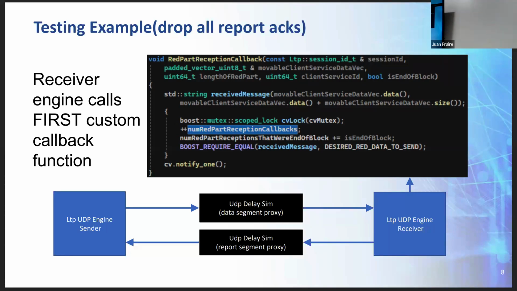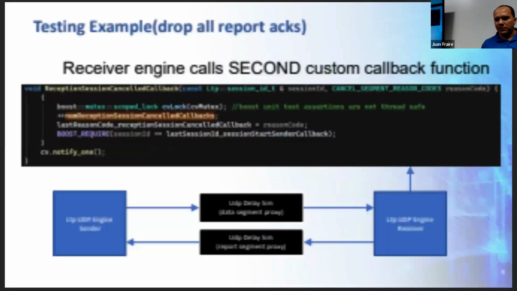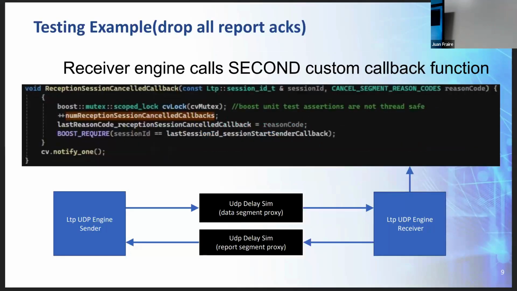However, we're dropping all those report acknowledgements there. So the receiver is going to call a second custom callback function called a reception session canceled callback. The receiver is assuming, hey, the sender did not get my reports. Therefore, I'm going to notify the user that we have a canceled session here. So we're going to increment another counter here.